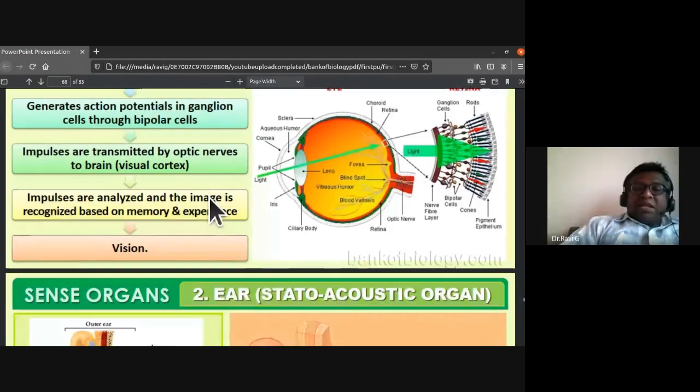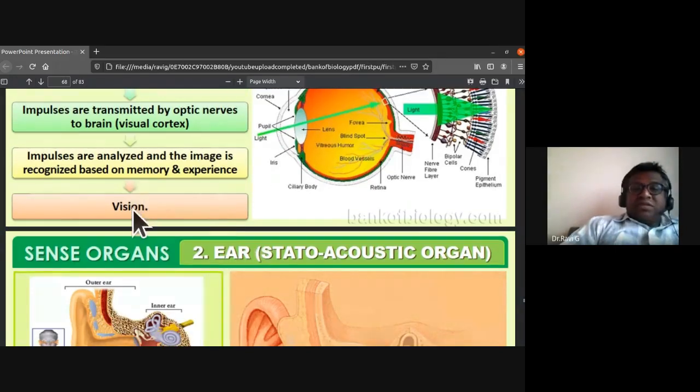The impulses are analyzed and the image is recognized based on memory and experience. This is what we call vision.